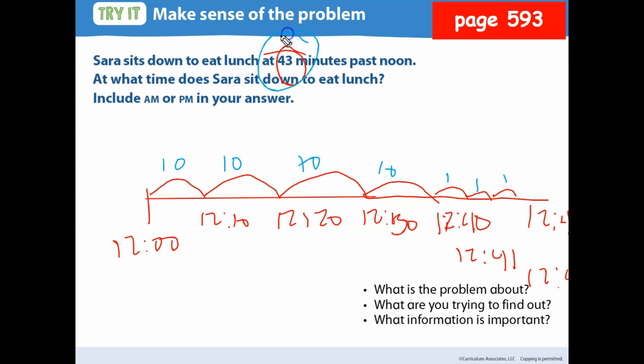But I already know that she sat down to eat lunch at 43 minutes past noon. They want to know what time it is. So what time is it? 12:43. So she sat down at 12:43 to eat lunch.